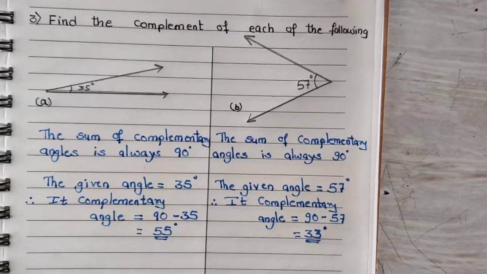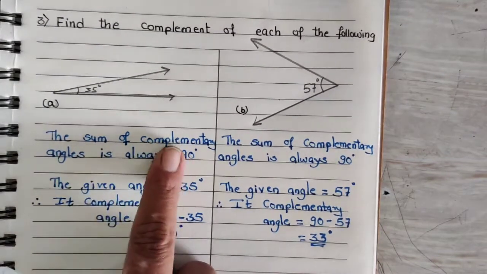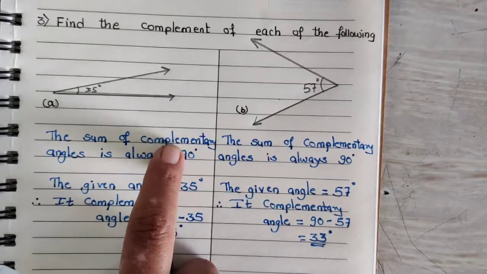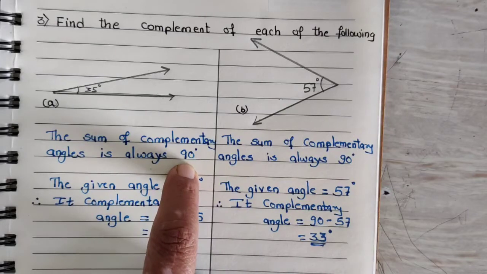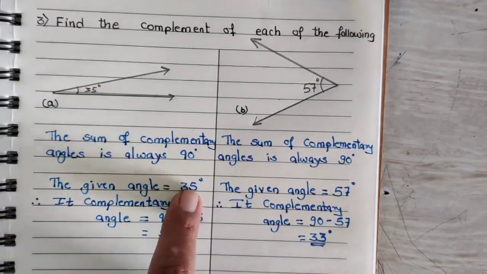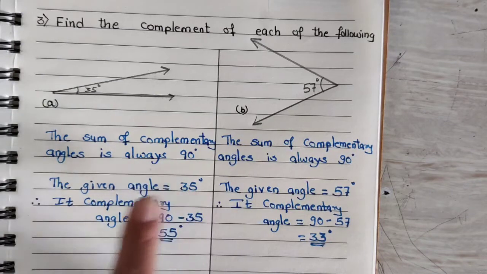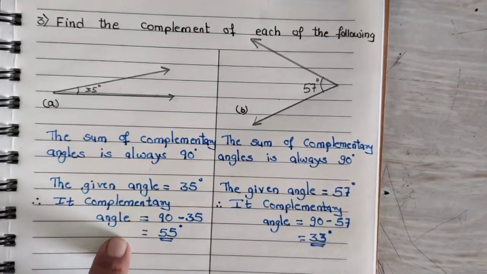Now if it is supplementary, what are you going to do? You are going to change this. Instead of complementary, you will write supplementary. Instead of 90 degrees, you will write 180 degrees. Whatever angle is given to you, that same number you have to write down here. And instead of writing complementary angle, here you will write its supplementary angle.